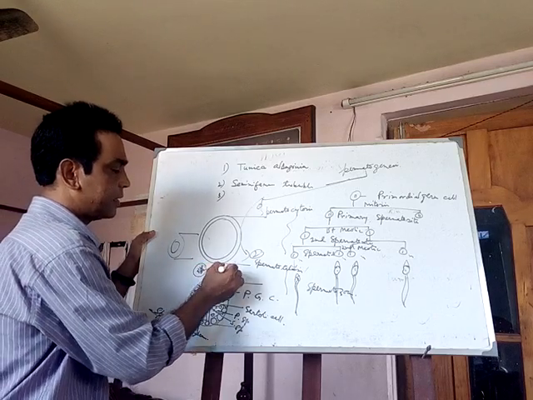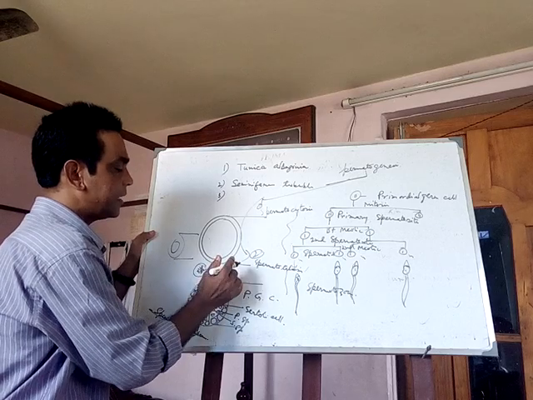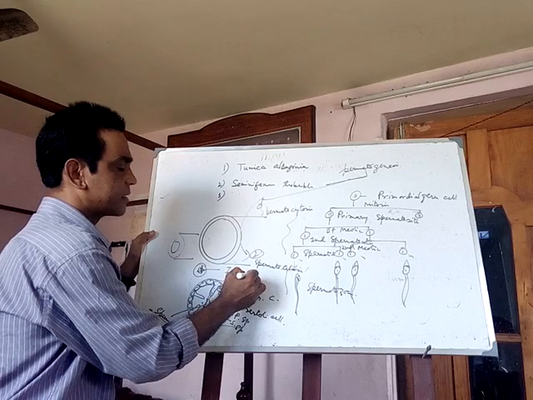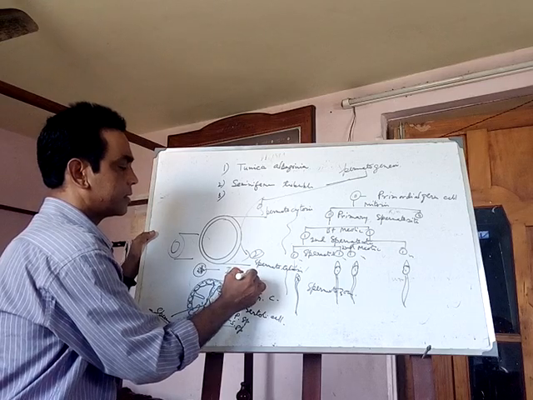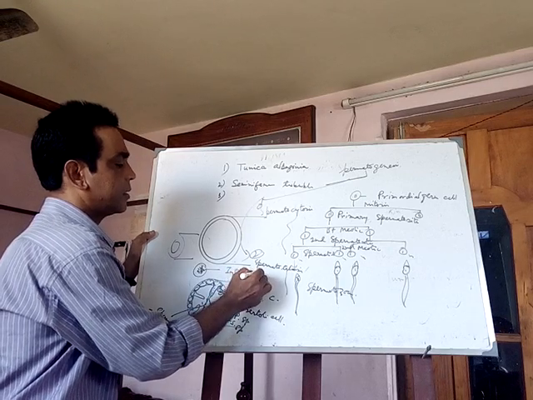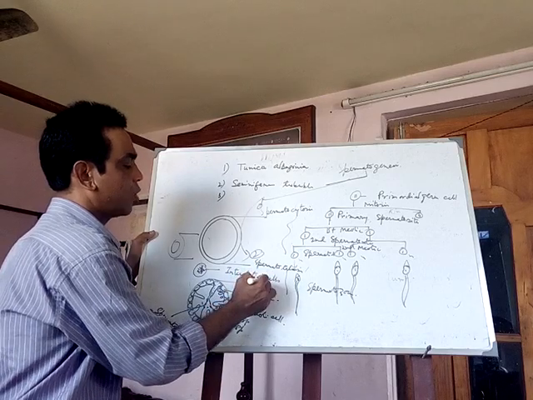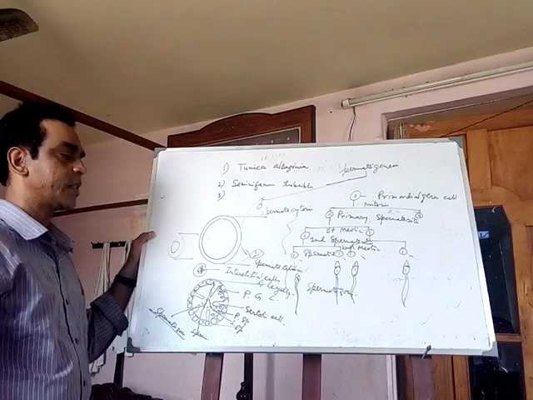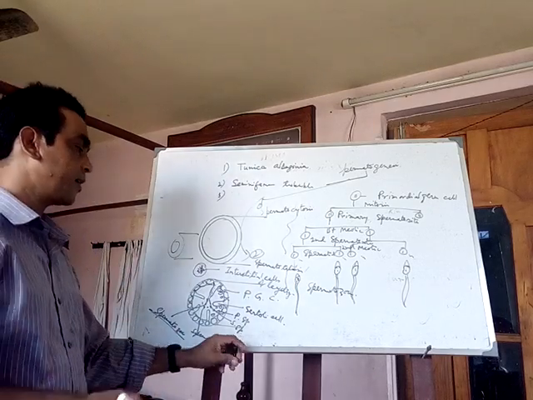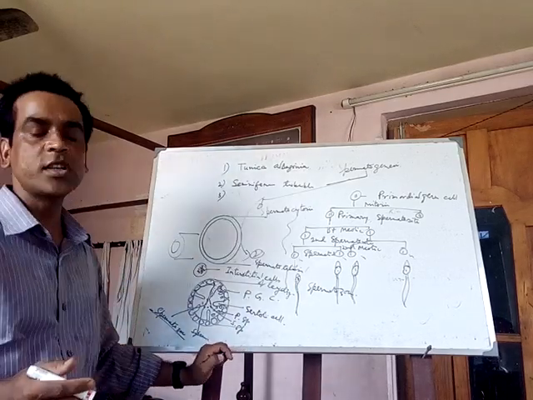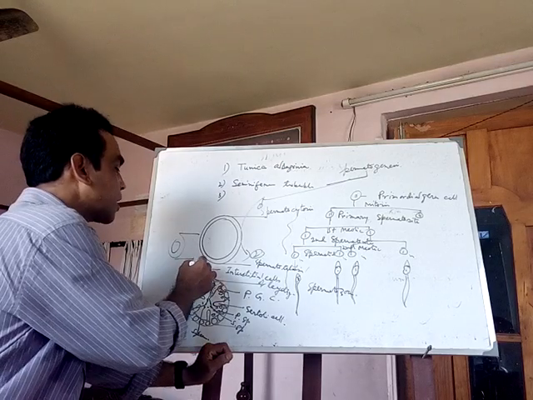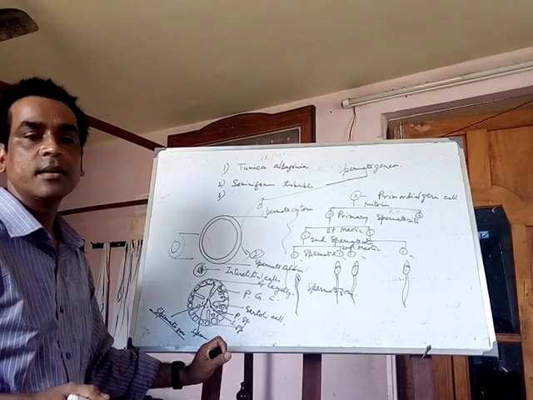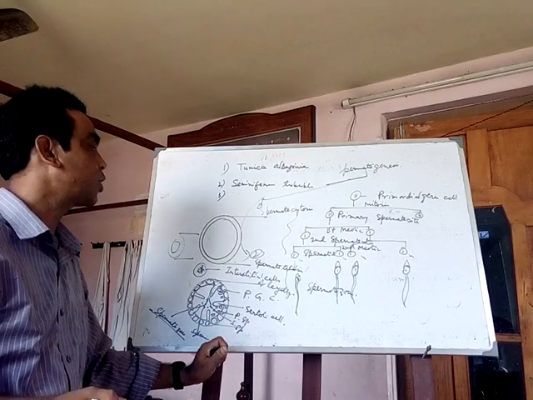They are called the interstitial cells of Leydig. They function as the production factory of testosterone. It is the main male sex hormone.